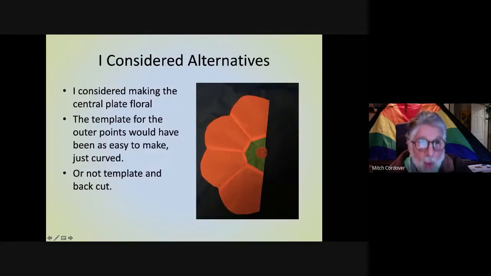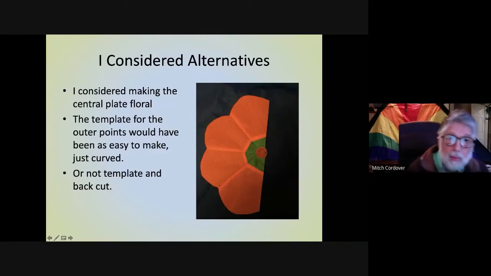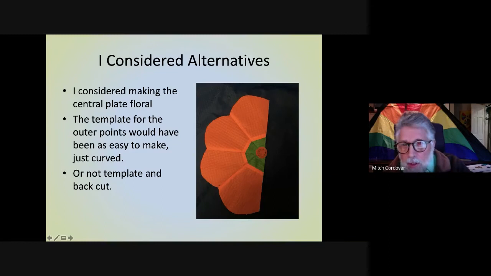One of the ways I thought about doing it is making the central plate floral. If you're doing this with back cutting, you don't have to cut the outsides because you'll be back cutting them. But in this case, as an experiment, I made a little round template and cut a floral outside to the central Dresden plate.